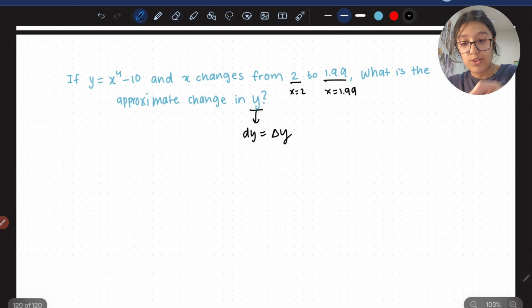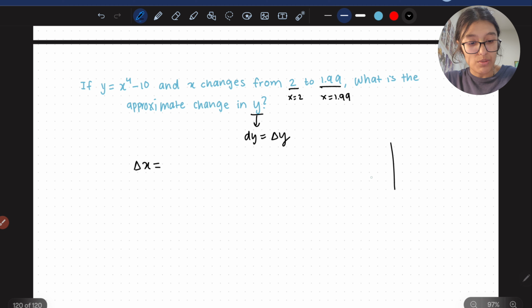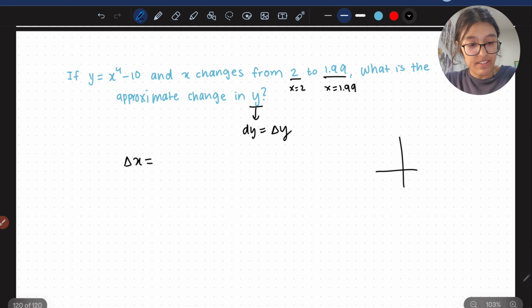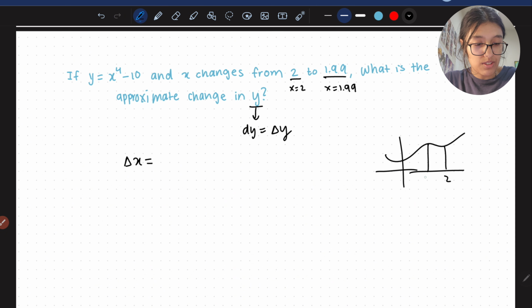So how do we do that? Well, first things first, to approach these problems, always find delta x. Delta x is usually the easiest quantity to find, I would say. So in this case, we're going from 2 to 1.99, so we're going backwards on the graph. If this is 2, this is going to be 1.99. So what's that difference in x?